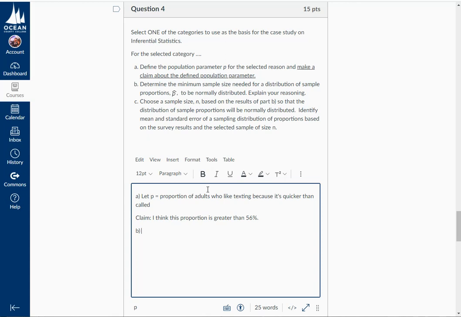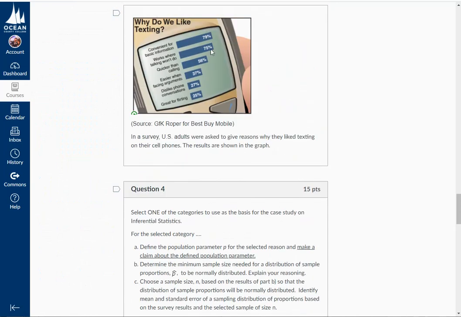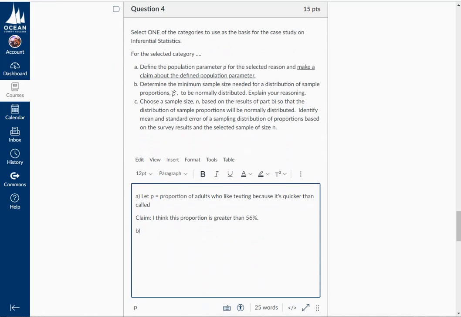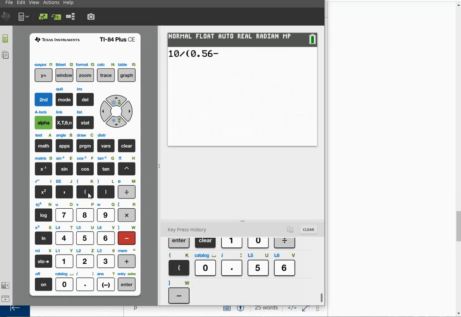It says determine the minimum sample size needed for a distribution of sample proportions p hat to be normally distributed. You're just going to take 10 divided by, in parentheses, whatever one you select, changed to a decimal, 0.56, times, also in parentheses, 1 minus 0.56.